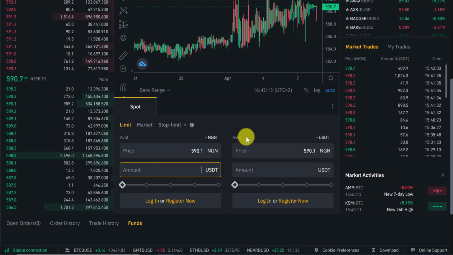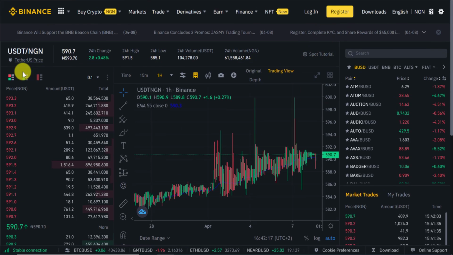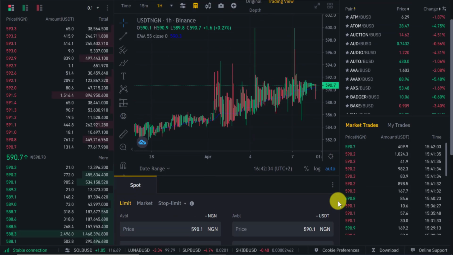If you are doing spot trading in USDT NGN, that means you are buying USDT with Naira when the price is low, and selling back when the price is high. If you are doing something like that, that would actually be a market order.